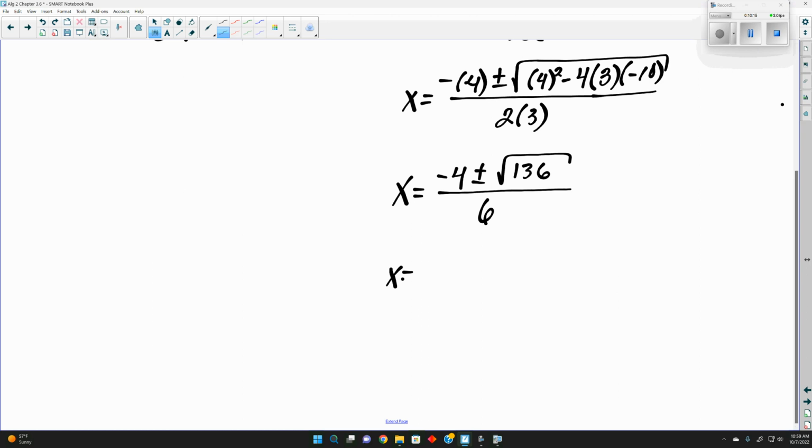And I believe it does. And 136 will reduce to 2 square root of 34. That makes more sense.